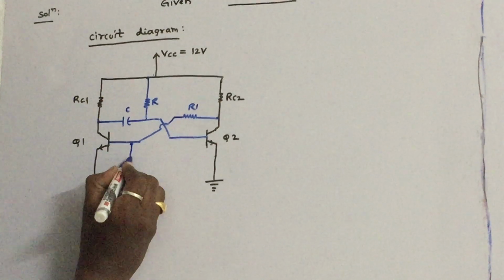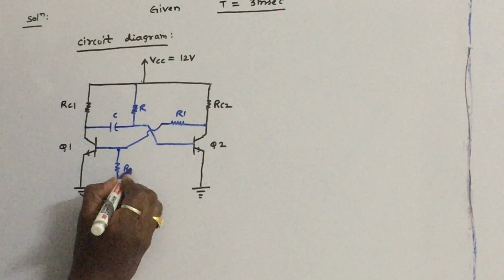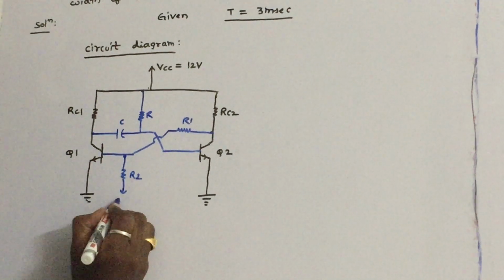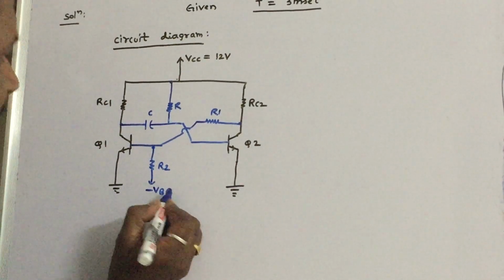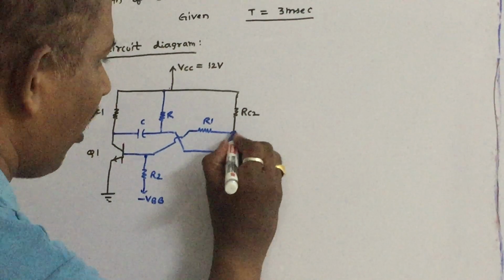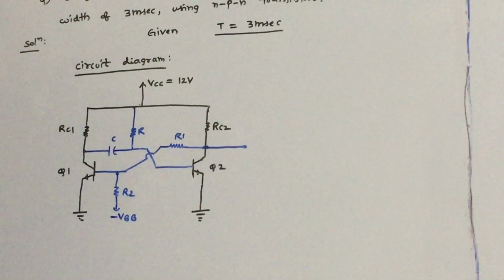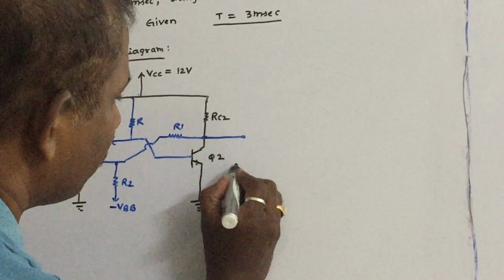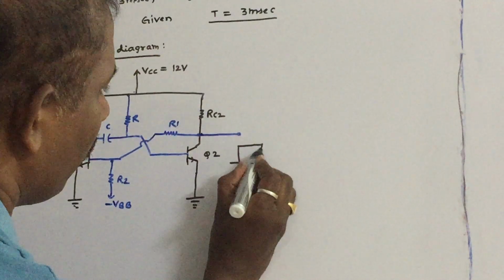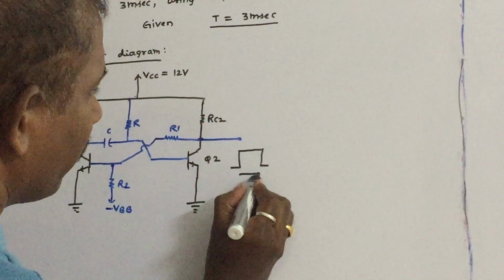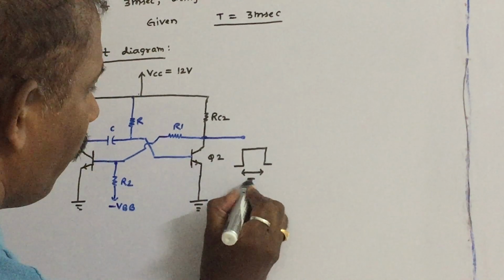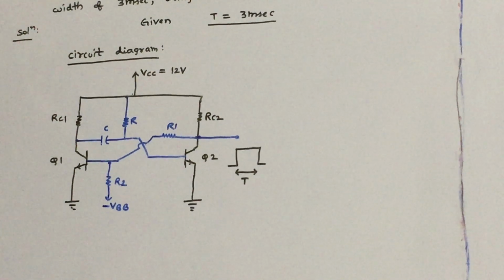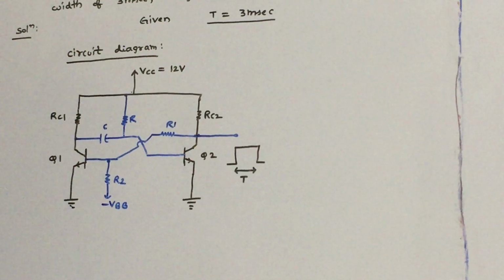Let us connect the resistor R2 and the voltage minus VBB. The output is taken at the collector of Q2, where we get a pulse of width tau when a negative trigger is applied to the circuit.